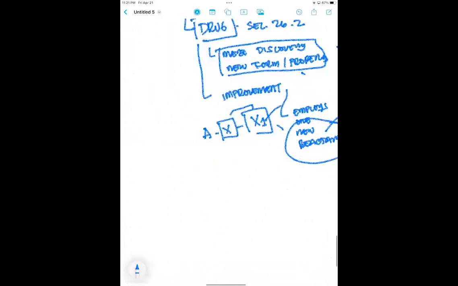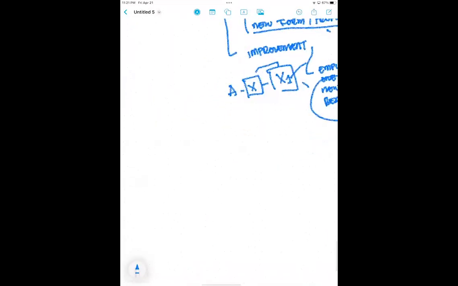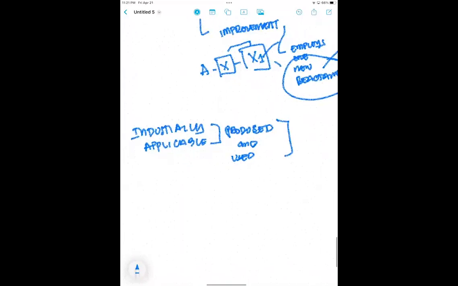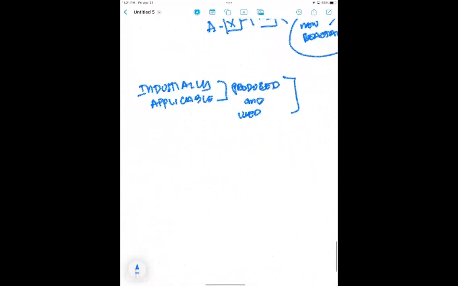And speaking of the third element, industrially applicable, it just means that the invention can be produced and used in any industry. In other words, may benefit sa sangkatauhan. Right? Then this is industrially applicable.